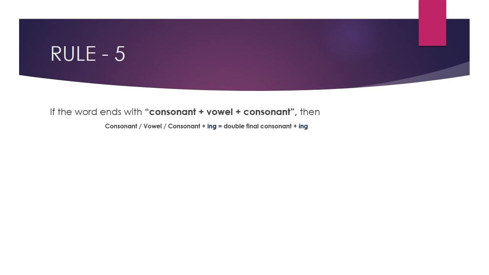Rule 5. If the words end with consonant plus vowel plus consonant, then consonant vowel consonant plus ing is equal to double final consonant plus ing.